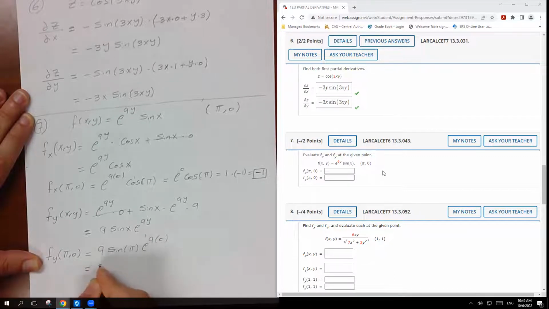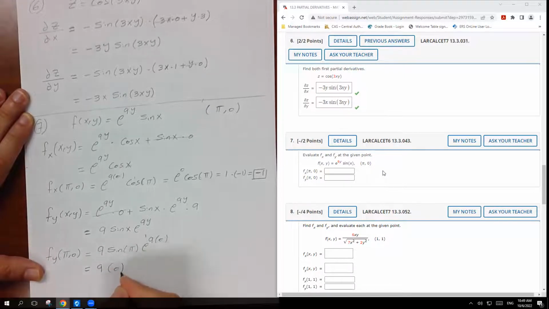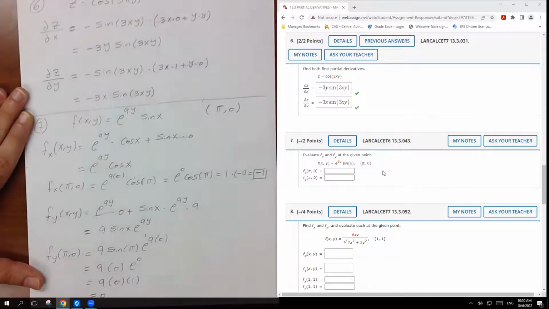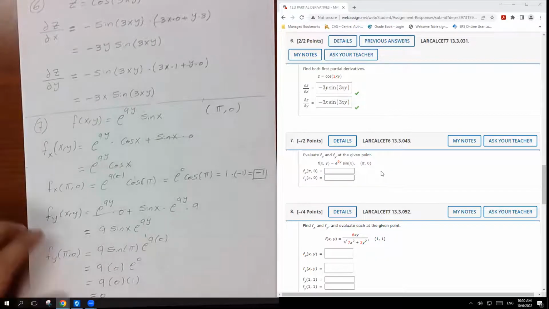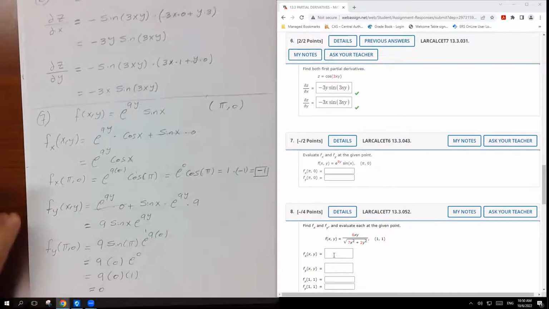This one is going to be 9 sine pi, which is 0, times e to the 0, which is 1. So 9 times 0 times 1 is going to be 0. So this one is going to be -1, and the second one is going to be 0.